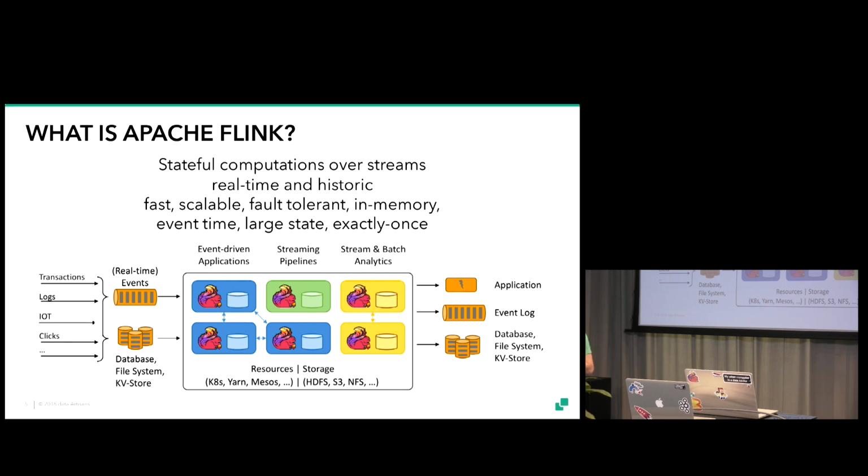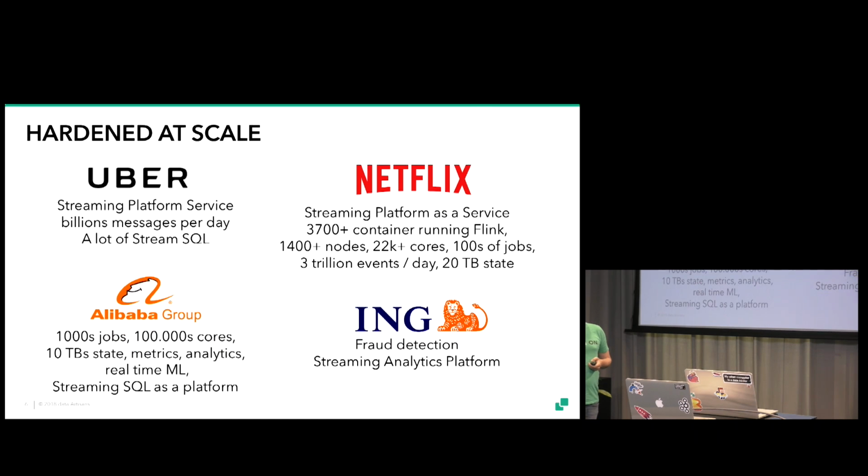It's a very scalable system. It processes data in memory. You can also go to disk if you have to do that, so we're also leveraging RocksDB for that. It supports event time processing, handles super large state, and guarantees exactly once state consistency.